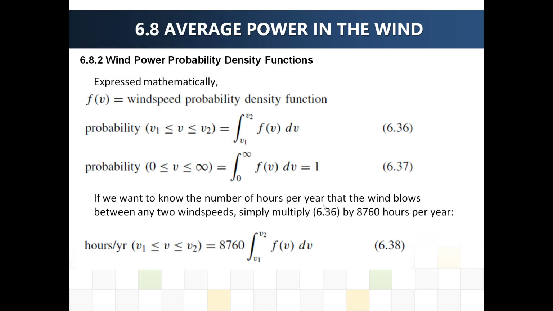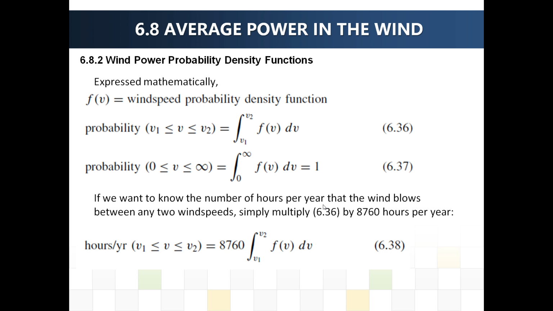Expressed mathematically, if we assume f(V) is the wind speed probability density function, the probability that V is between V1 and V2 is equal to the integral from V1 to V2 of f(V) dV. The probability for V from 0 to infinity is the integral from 0 to infinity of f(V) dV, which should be equal to 1.